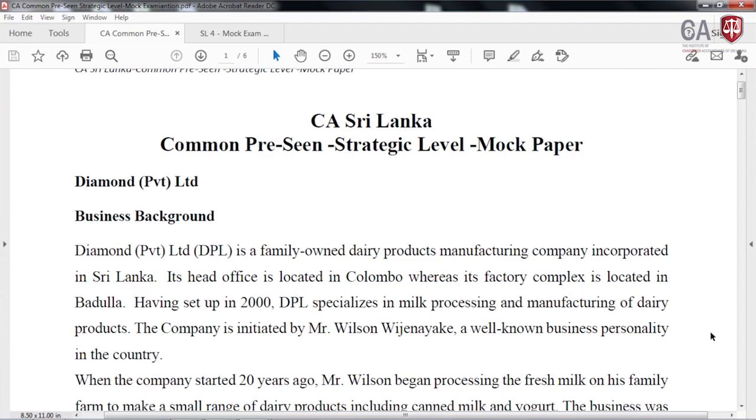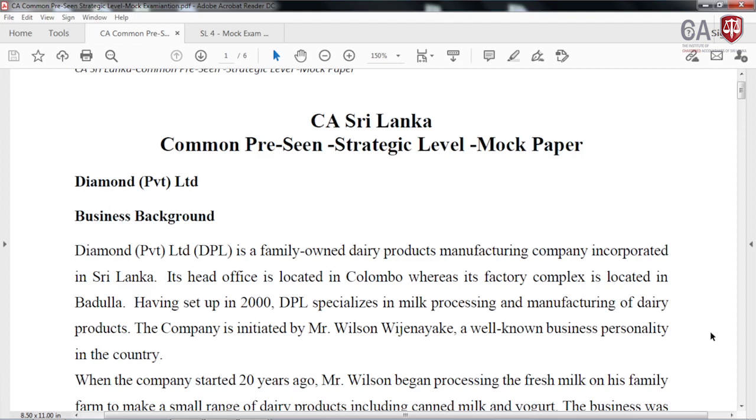Having set up in 2000, DPL specializes in milk processing and manufacturing of dairy products. The company was initiated by Mr. Wilson Vijayanayaka, a well-known business personality in the country. So, the company was started in 2000.